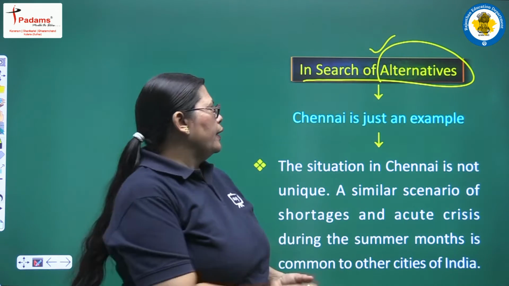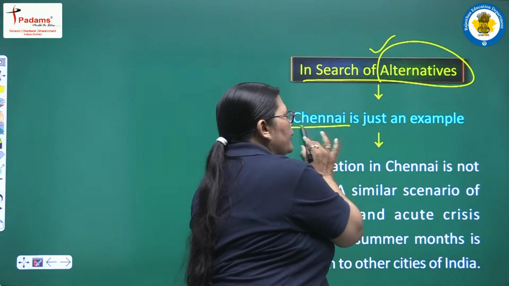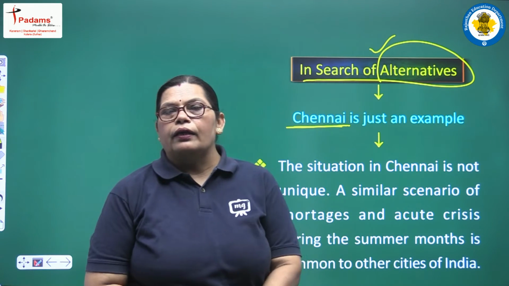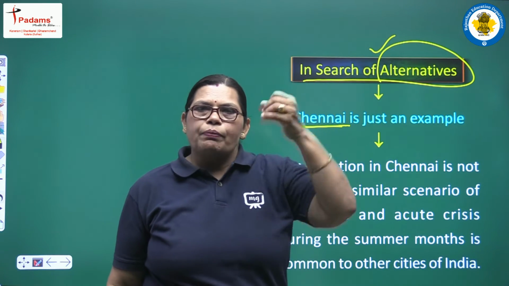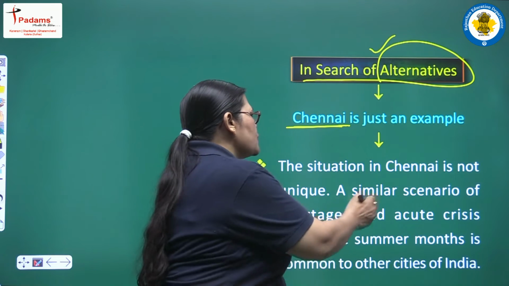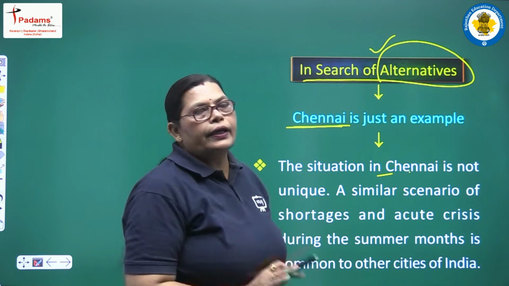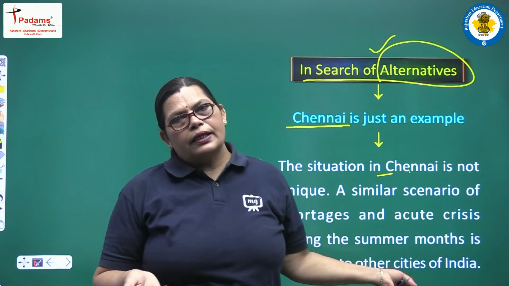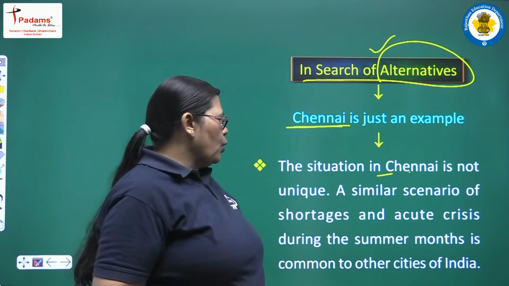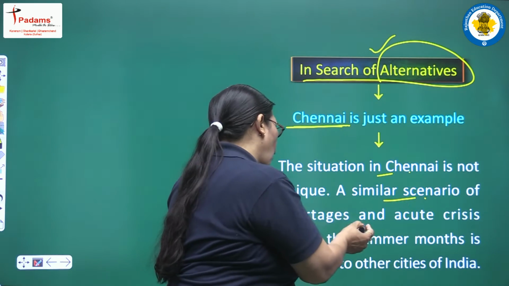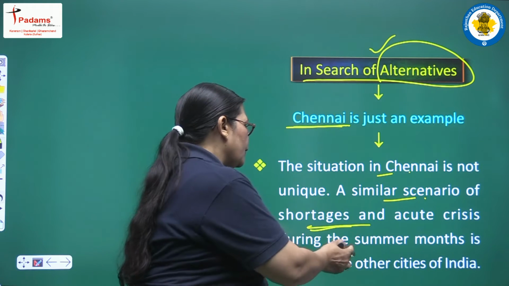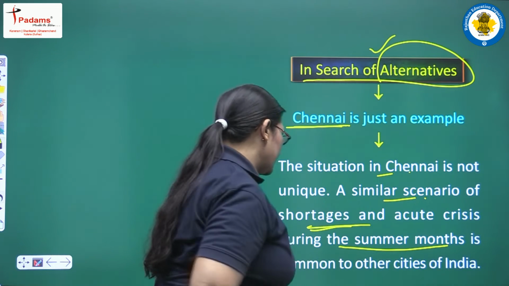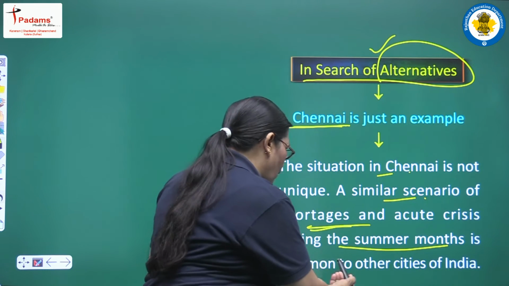We will study here. First one, Chennai is just an example. When we are taking Chennai as an example here, the situation in Chennai is not a unique one, as it is going on in other states also. A similar scenario of shortages and acute crisis during the summer months is common to other cities of India.